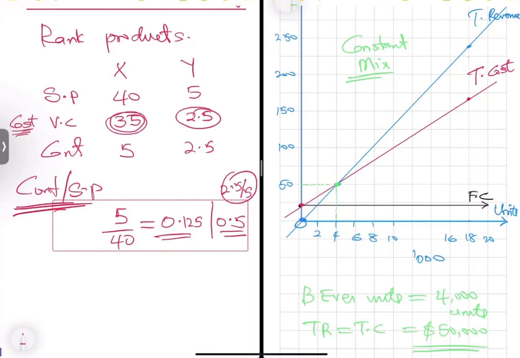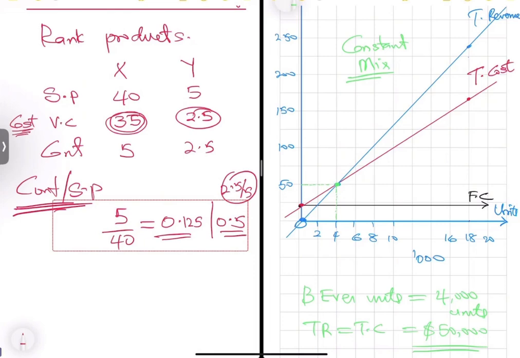For every selling price, how much contribution are you making on top of it? It's like your return, like your margin in quotes. If you remember, we used to do profitability margin. What is the formula for profitability margin? It's profit over selling price. This is like a contribution margin. So you are going for the product that has a better margin.